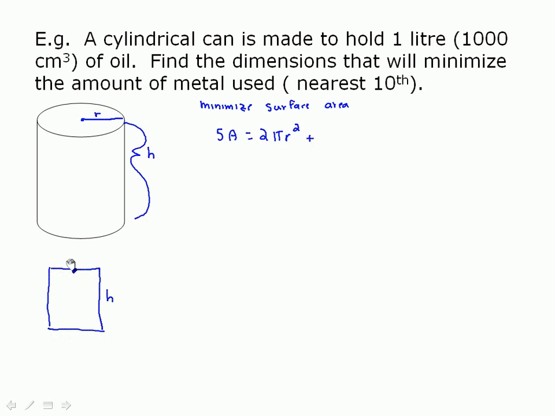But you've got to be aware that if you did cut this thing open, the width would be the circumference of the circle because it goes all the way around. So that's 2 pi r in terms of r, not d. So it means that the other part of this is going to be 2 pi r h. That represents the surface area.